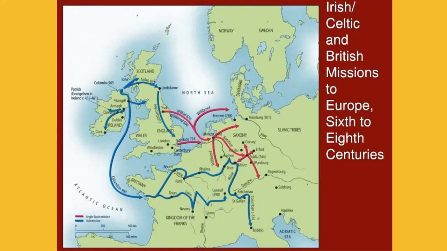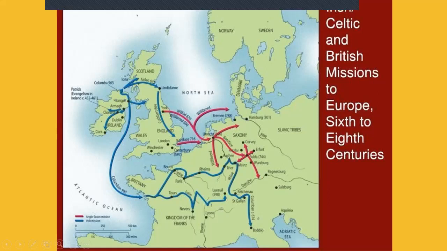Now we're going to deal with Saint Columbanus. Saint Columbanus lived roughly from 540 to 615. Now, if you look at the top of the blue arrows, ignore the red arrows, but the blue arrows are quite important.